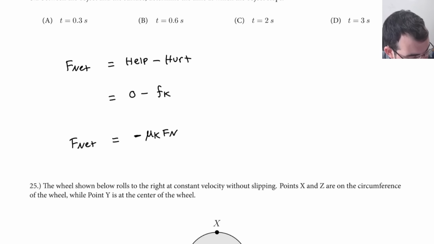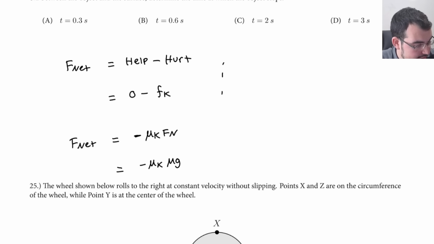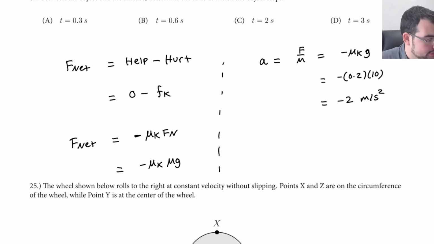So I can say that that's just going to be negative mu times mg. And then we can find the acceleration. Acceleration is just F over m. So that's just going to be negative mu k times g, which is 2 meters per second squared. And that's going to be slowing me down.